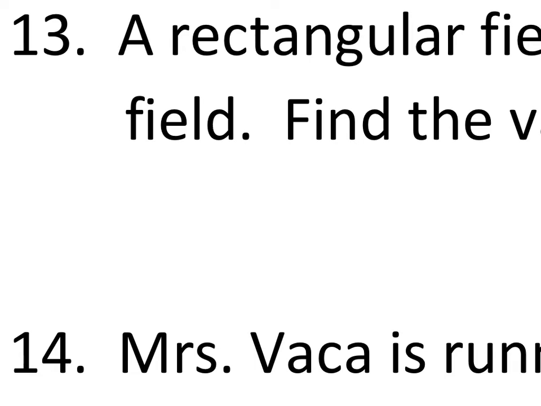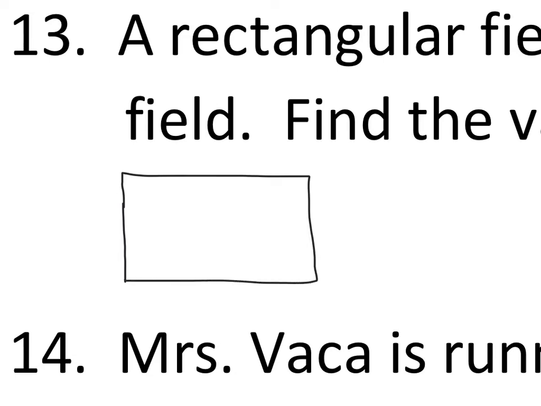So I'm going to start with a rectangular shape that's going to represent my field, and my field is 300 by 500. So I'm going to put 300 on this side and 500 on this side. Now I'm supposed to make a road inside the field on the inside perimeter.